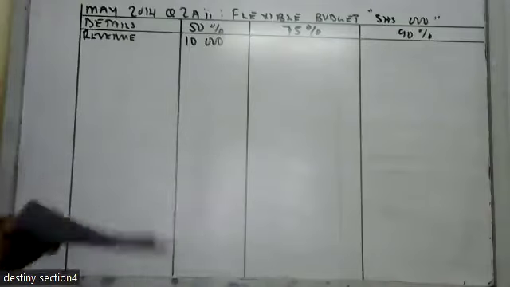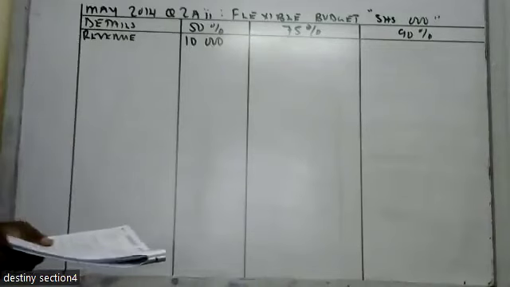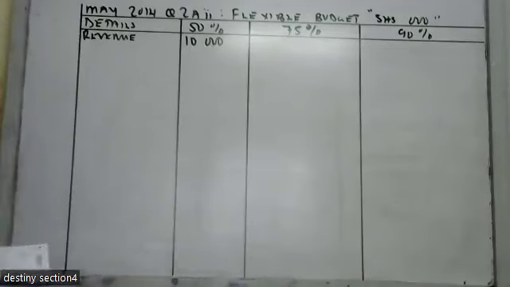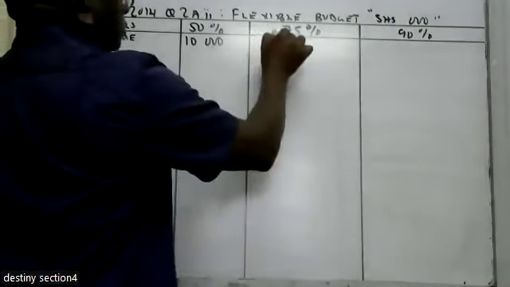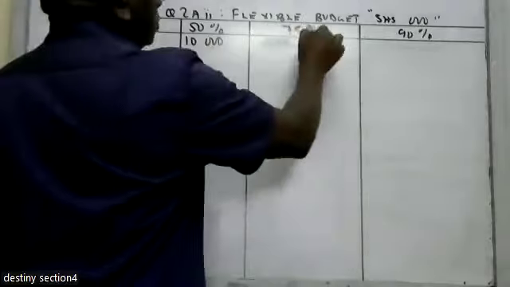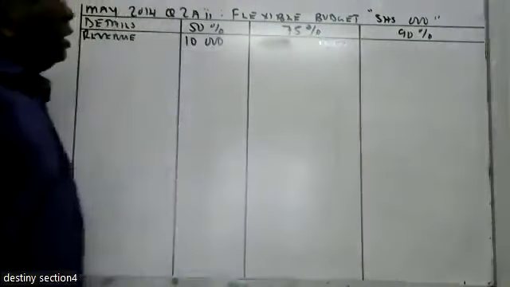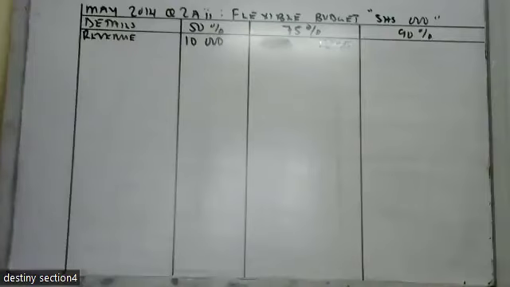You divide by 0.75. If 50% is 10,000, 75% is what? 15,000. And making it 90%, 18,000.